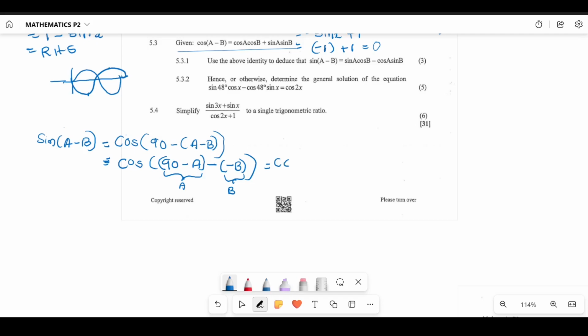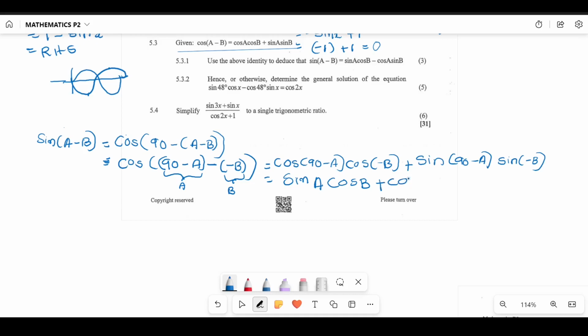So we are going to say cos, our a is 90 minus a, cos b, b is negative b, plus sin a, sin a is 90 minus a, and sin b, b is negative b, which is equal to cos(90 minus a) is sin a, cos(negative b) is positive cos b, plus sin(90 minus a) is cos a, and sin(negative b) is negative sin b.